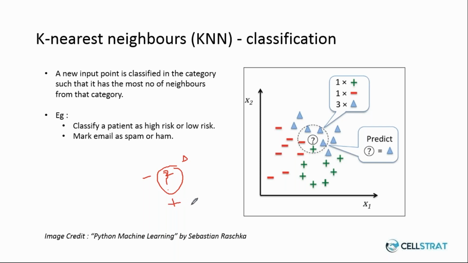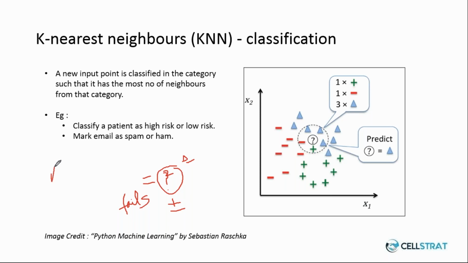So 3 nearest neighbors: one of them is a triangle, the other is a minus sign, the third one is a plus. Our model fails here. The model failed to find a classification because majority vote cannot work: it found one triangle, one plus sign, one minus sign, assuming k is equal to 3.